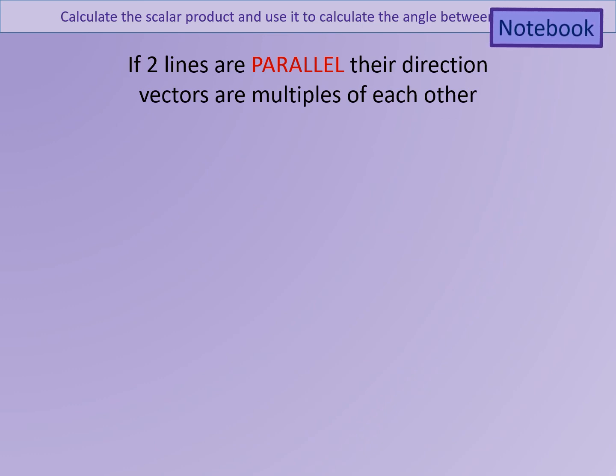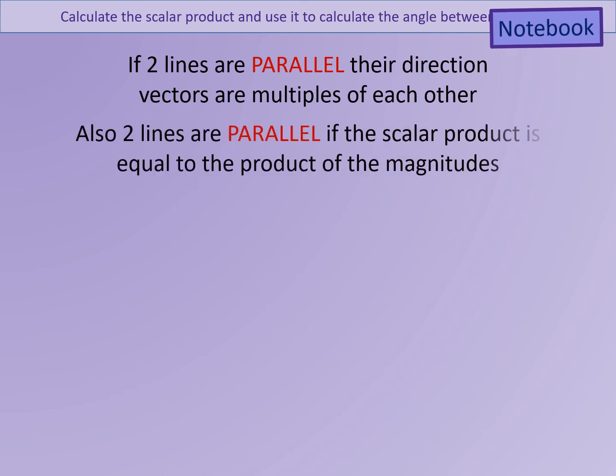If two lines are parallel, then their direction vectors will be multiples of each other. Also, if two lines are parallel, the scalar product will equal the product of the two magnitudes.